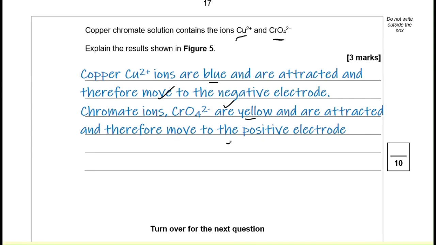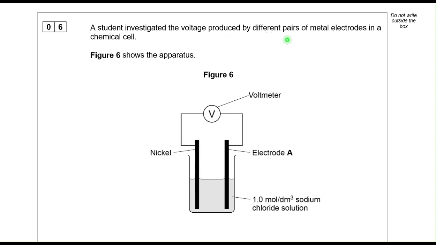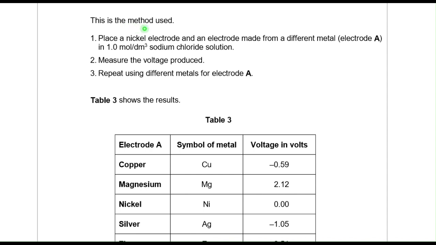3 marks. Over the page, a student investigated the voltage produced by a different pair of metal electrodes in a chemical cell. Figure 6 shows the apparatus. You've got a voltmeter, a nickel electrode, electrode A, and a 1.0 mole per decimeter cubed sodium chloride solution, which is our electrolyte. So this is the method used.